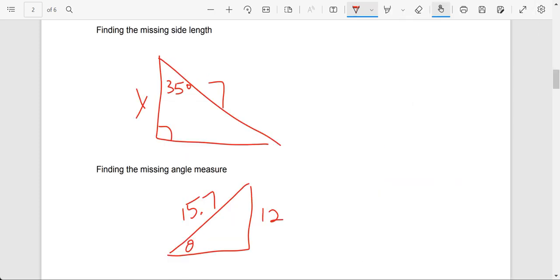Time for finding the missing side and missing angle measure. In this case, two things I'm going to worry about. One, stick to sine, cosine, and tangent for doing these problems, please. It'll make your life easier. Secondly, make sure your calculator is in degree mode.